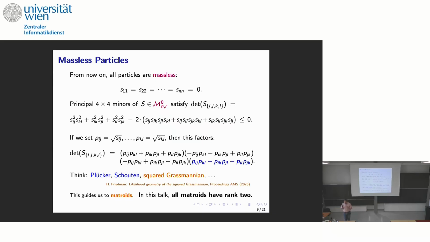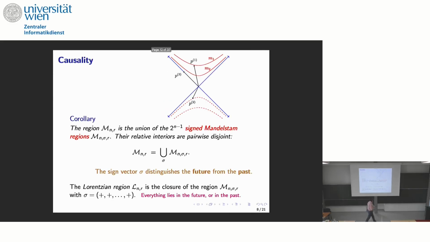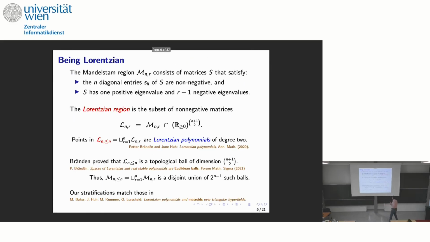This is an unexpected appearance of the Plücker relation. It's not a different relation, it's the same Plücker relation, but it appears for an unexpected reason. And it's the same reason. So if you read this really nice paper, whether or not you like triangular hyperfields, that's a bit of an acquired taste, right?